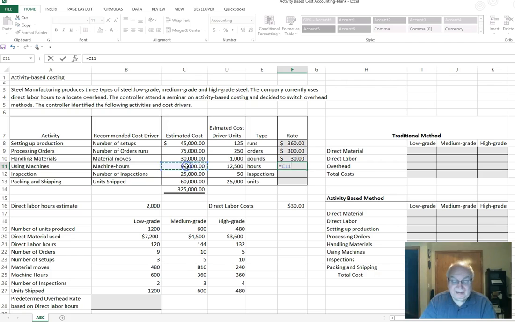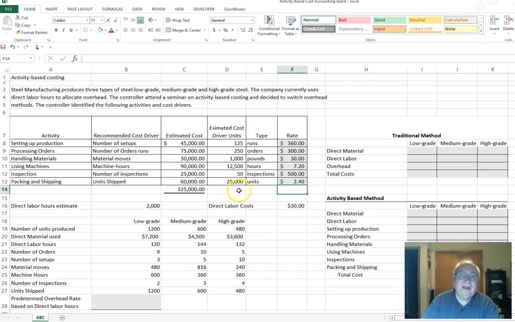Then we have the 90,000 divided by the 12,500. 25,000 divided by the 50. And we have the 60,000 divided by the 25,000. Okay, so that's my rate per, like this is $360 per setup. $300 per order, $30 per move. That should be moves, not pounds, so they changed it. Okay, $30 per move.